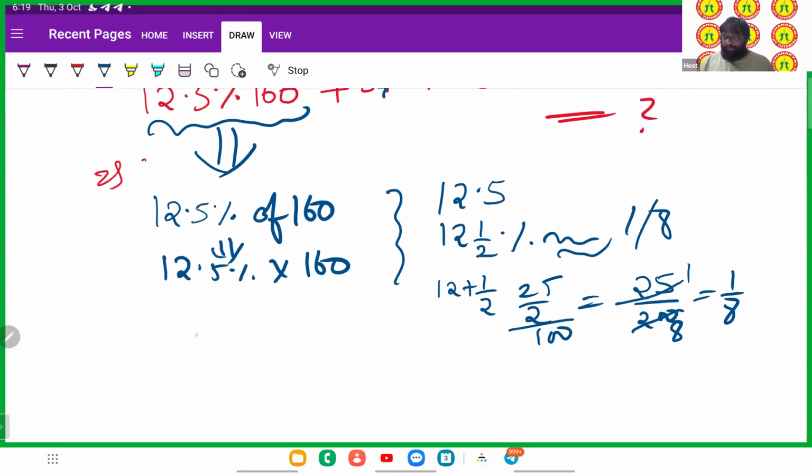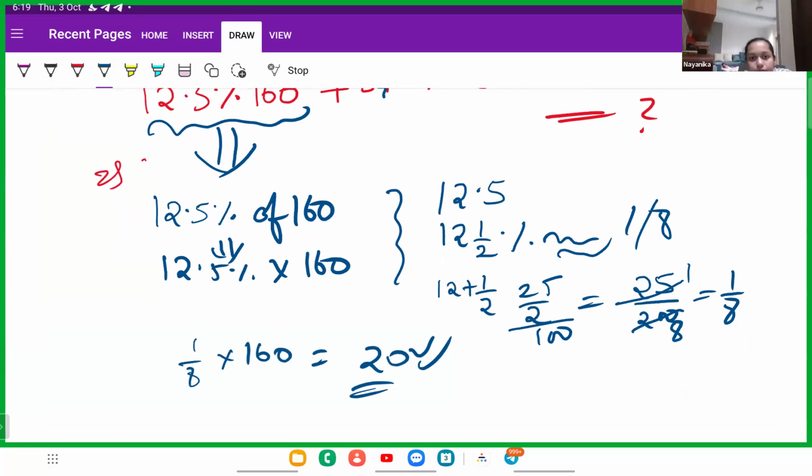So 1 by 8 of 160 will be equal to 20. Any doubt in this? You people should say yes or no. No, sir.